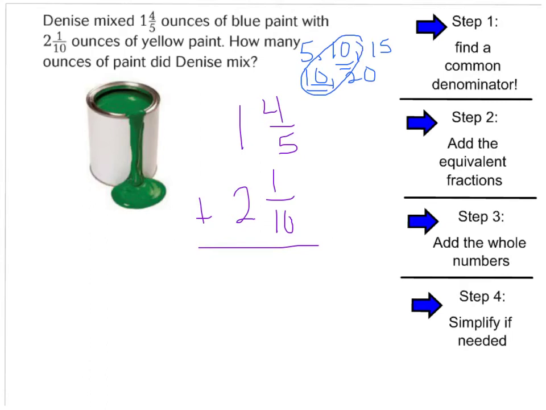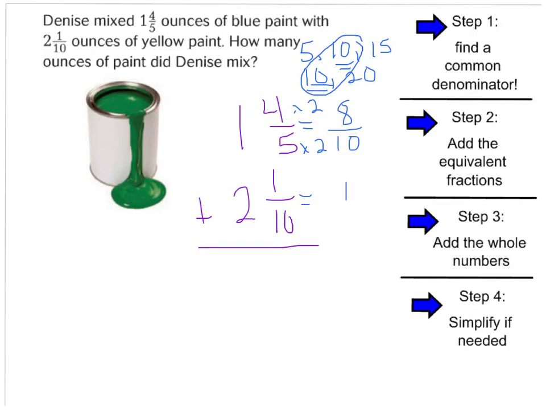Now, I need to change my 4/5 so it has a denominator of 10. How did I get from 5 to 10? Well, 5 times 2 is 10, so 4 times 2 is 8, 8/10. Now, 1/10 already has a denominator of 10, so I don't need to do anything to that one.